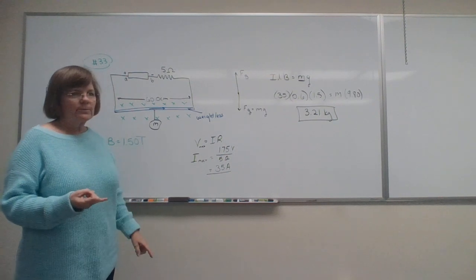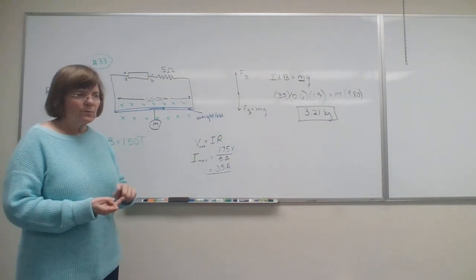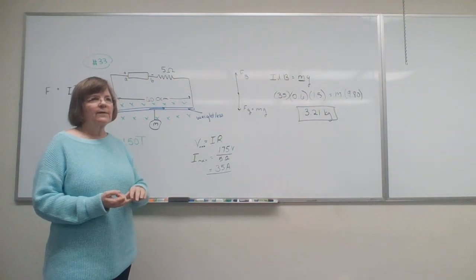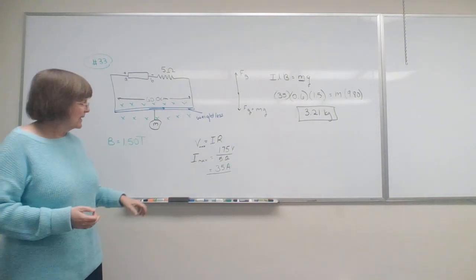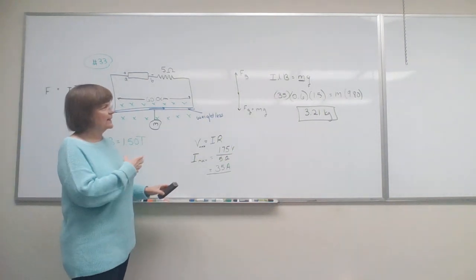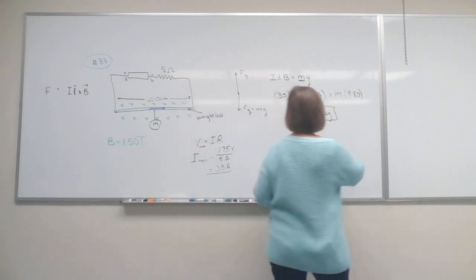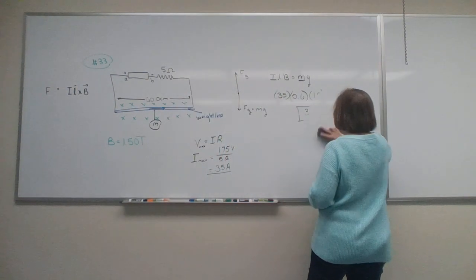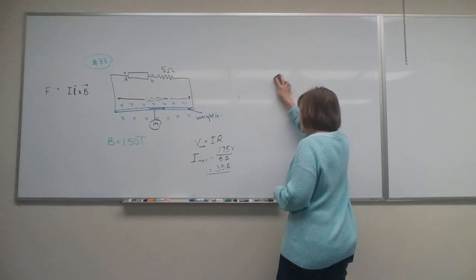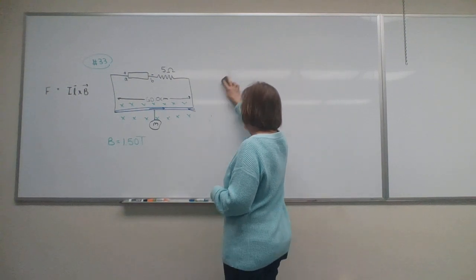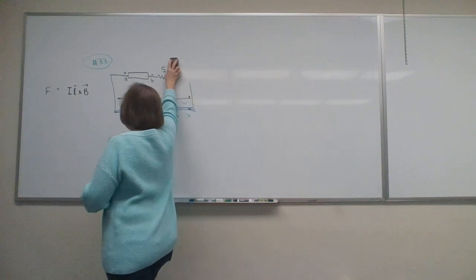What's the force on a particle moving? What's the radius of that motion if it's moving perpendicular to the magnetic field? And finally, what does it look like if instead of a single charge, we actually have a current? So that would be my highlights of chapter 27 that might help you do well on this exam.